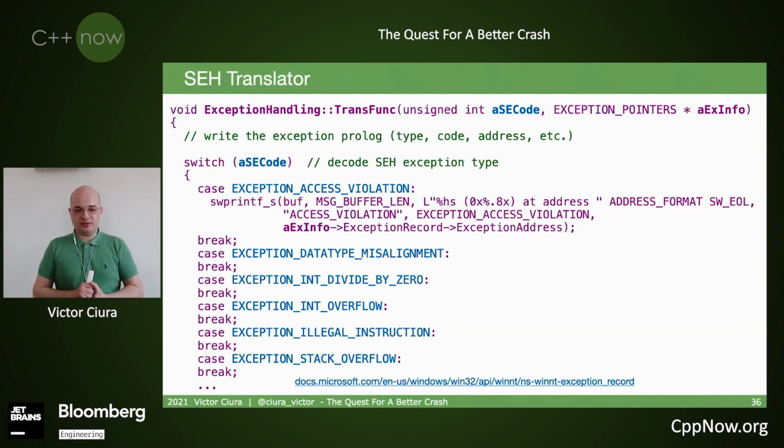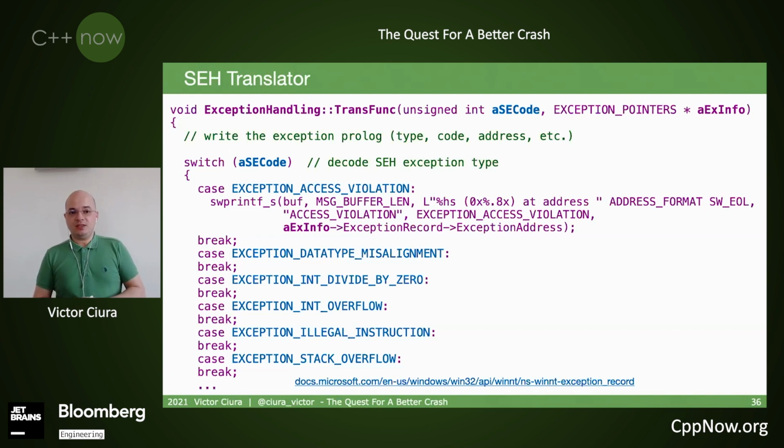You have the trans function that translates structured exceptions, so structured exceptions from the operating system, for example, like access violation. This might be the most common one. But there are other usual suspects here in the case statement. I just listed a few here that you might be interested in.